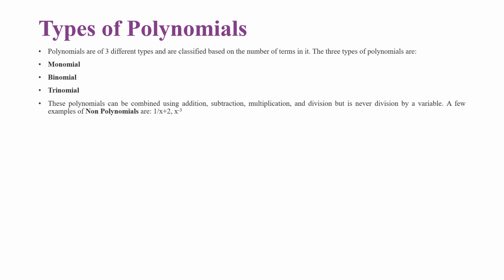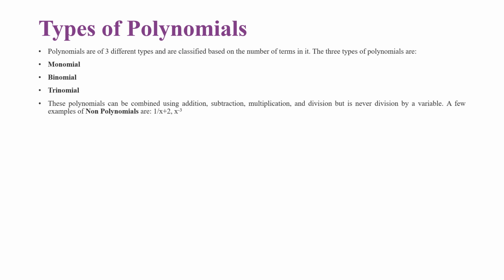So polynomials can be combined with addition, subtraction, and, as we previously discussed, multiplication, but never division by a variable. A few examples of non-polynomials are 1 by x plus 2. We cannot define this thing unless you are sure about x.